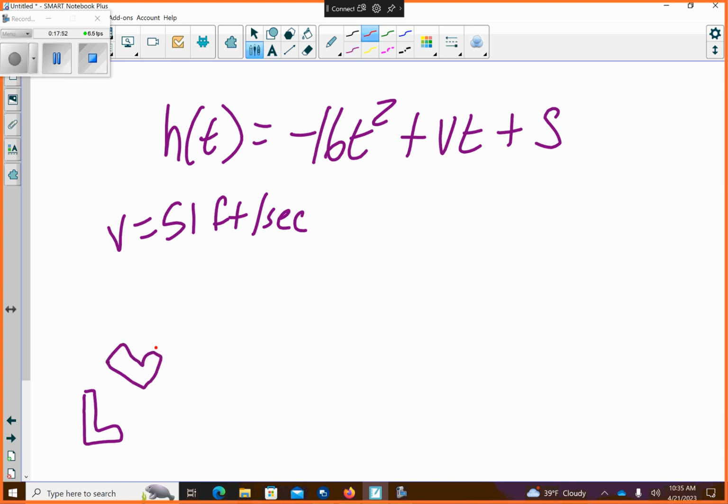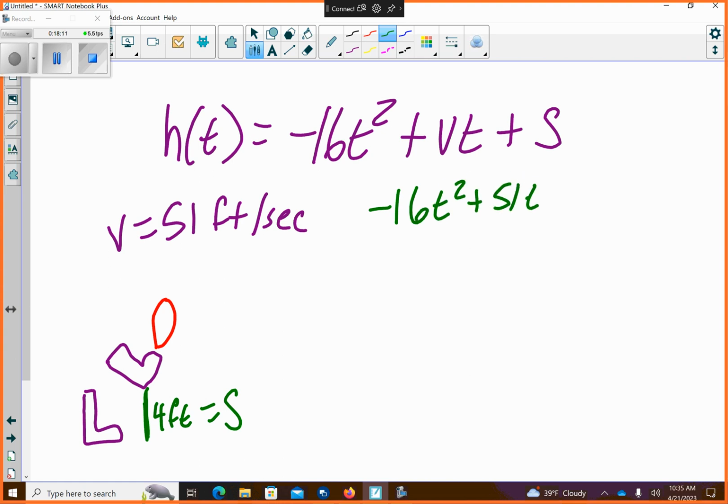And here is the football. Let's pretend I can draw. So they told us that this guy's leg was actually 4 feet off the ground when he kicked it. Well, that's my s value. So we're going to plug all this back in: negative 16t squared plus 51t plus 4. And it says, what's the maximum height of the football and when does it hit the ground?